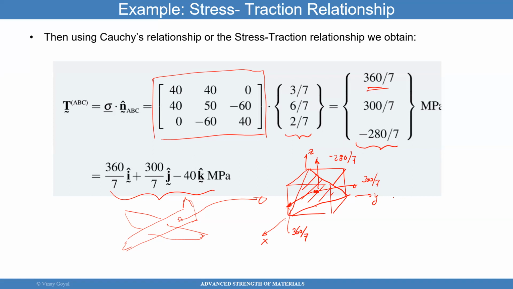If I want to know what is the stress normal to this surface, I can take this traction that I calculated on that slanted surface and find the dot product with n. That'll give me the stress that is perpendicular to the surface.